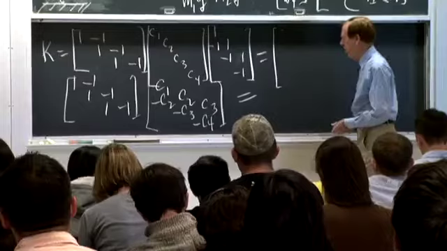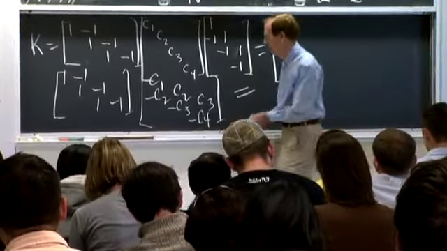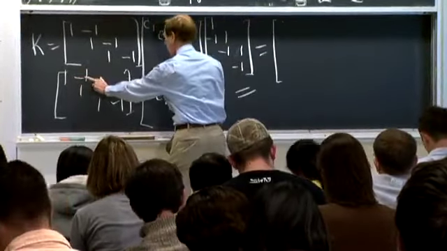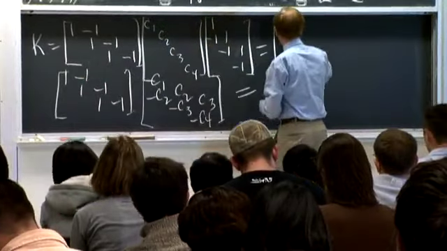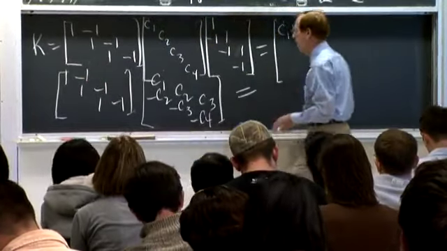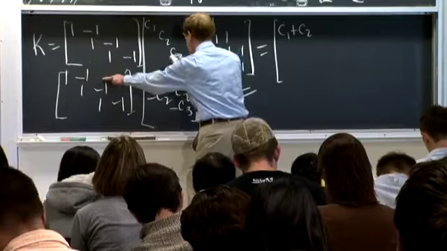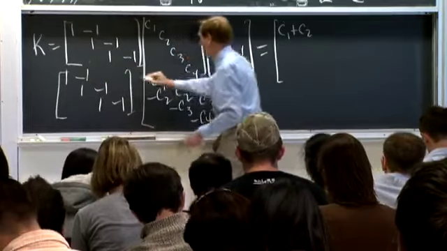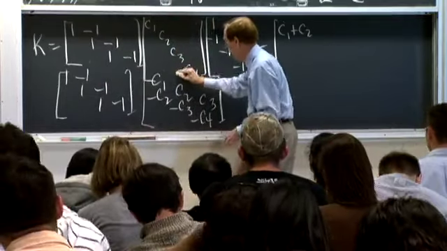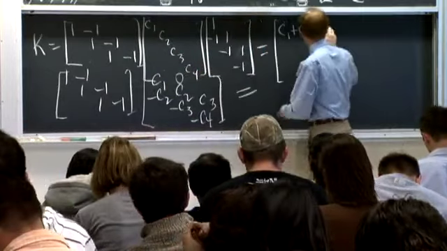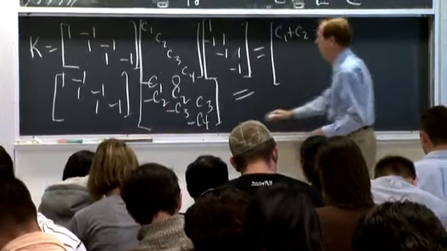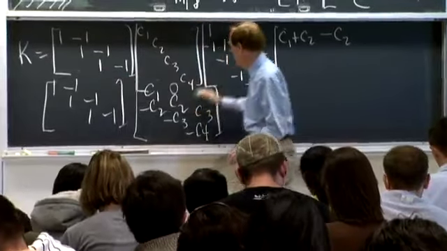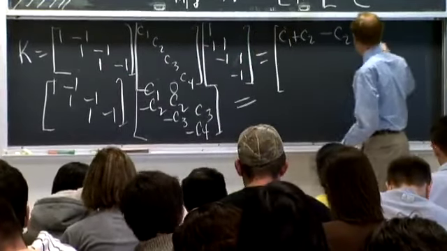So K will be 3 by 3. What does it have? It has C1 plus C2. And then next to that is row 1 against column 2. There'll be a minus C2 here. And then when row 1 goes against column 3, there's nothing.